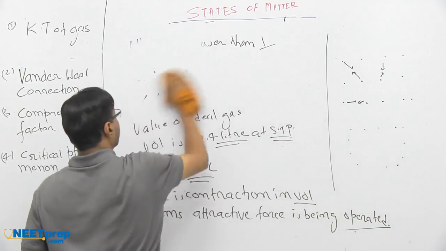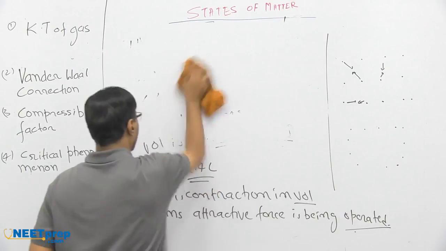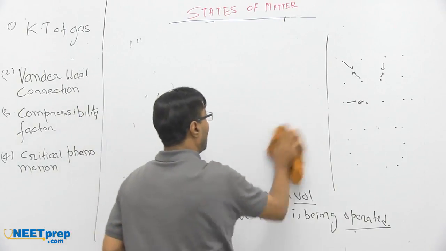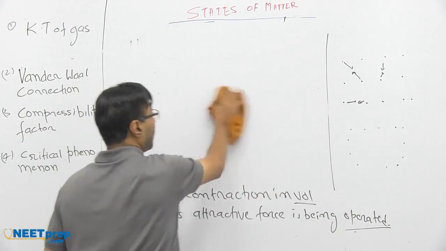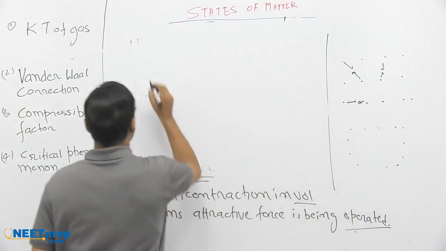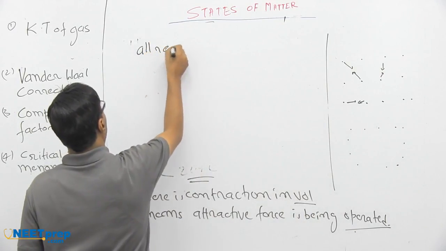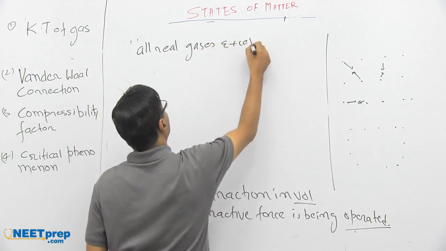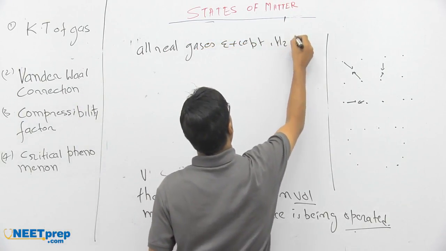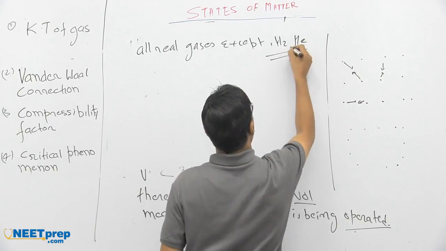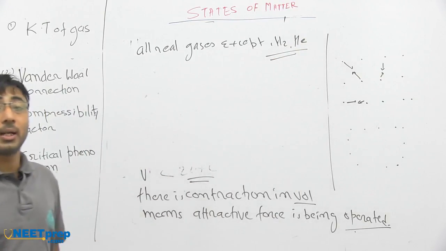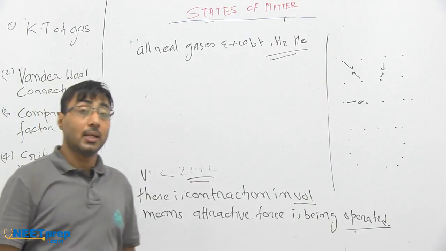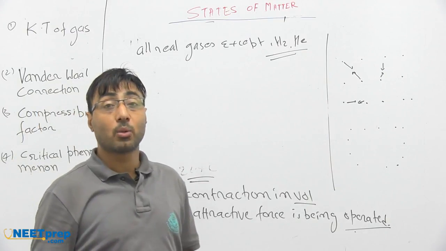So where does this take place? If the volume is lesser than 22.4 liter, it means all real gases except hydrogen and helium. This is the evidence: we can solidify the CO2 molecule.